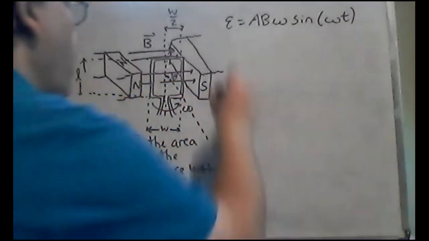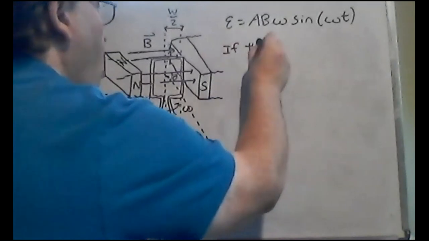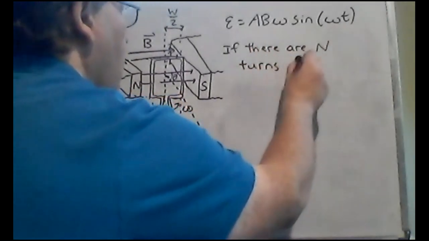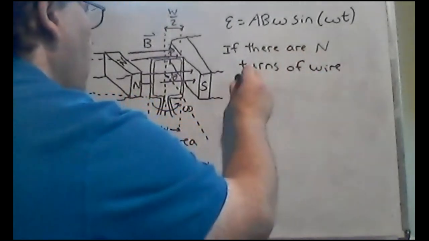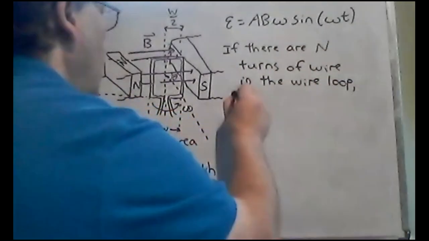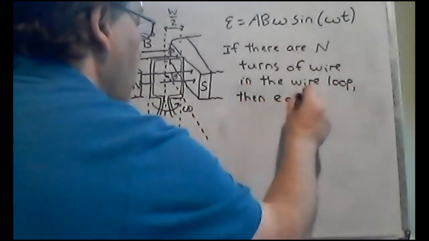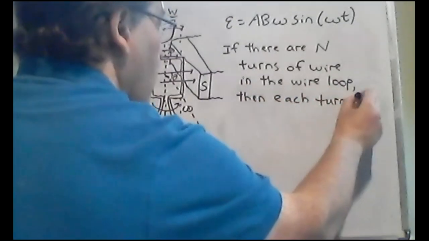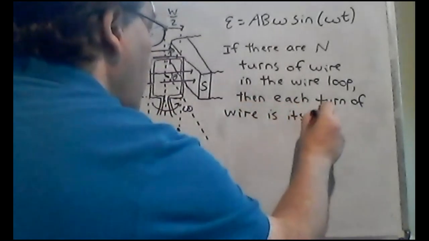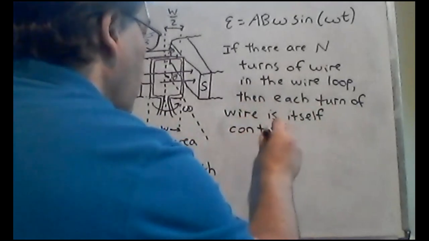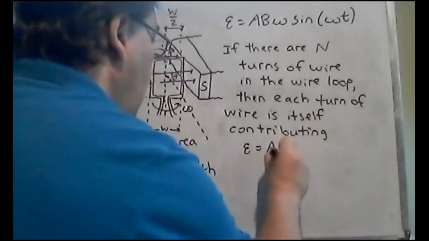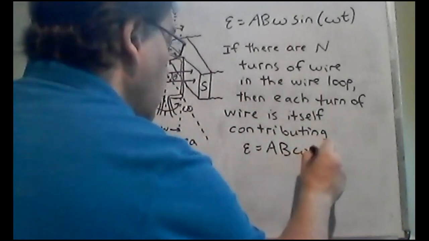All right. If there are n turns of wire in the wire loop, then each turn of wire is itself contributing epsilon is A B omega sine of omega t.